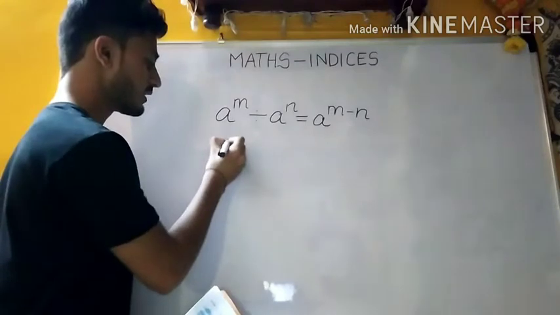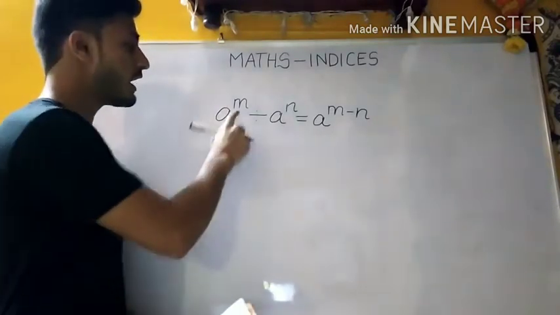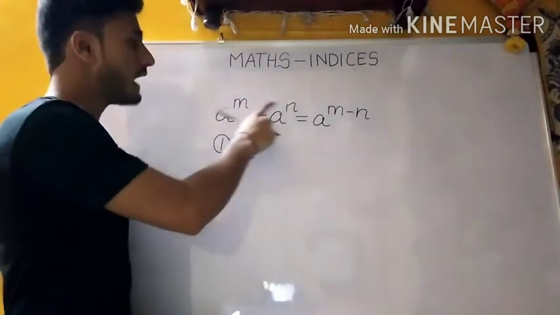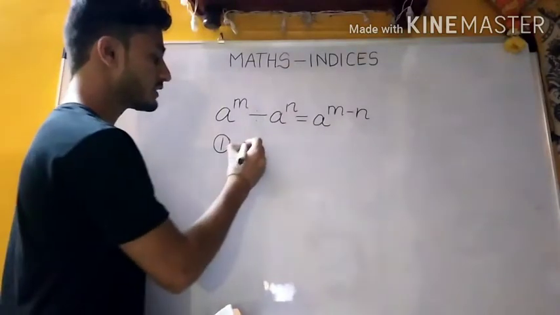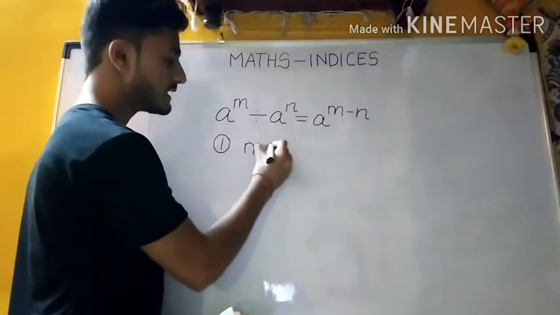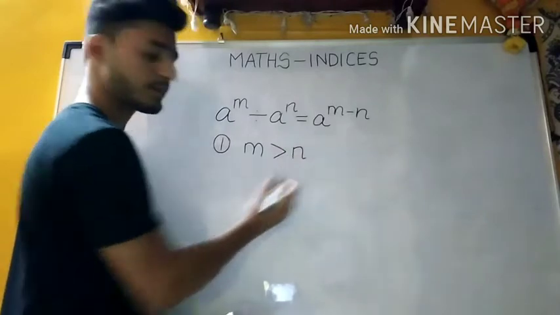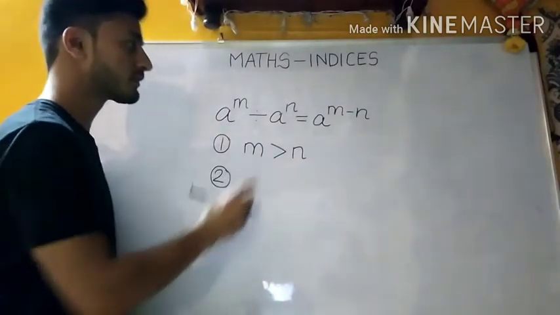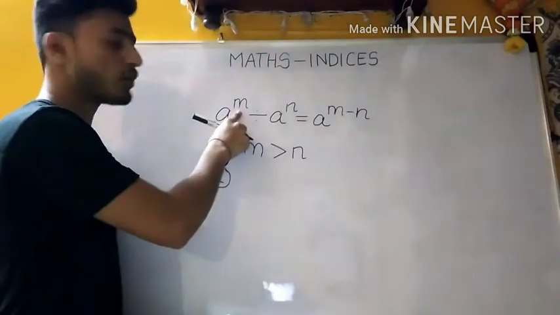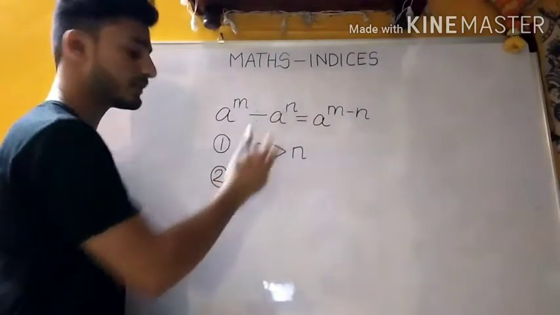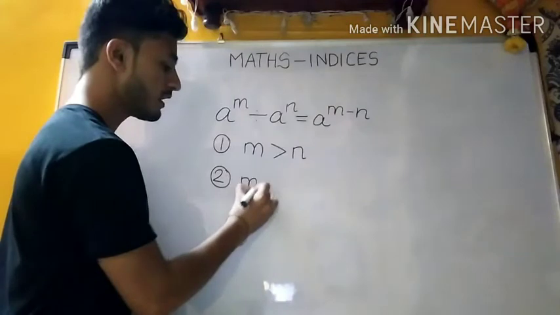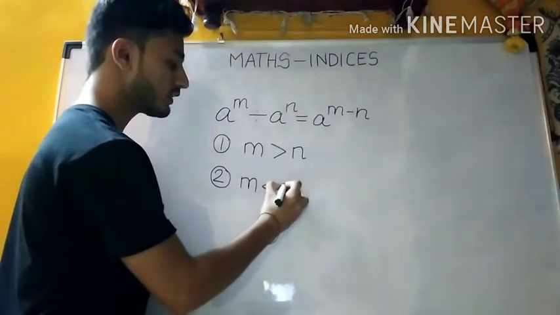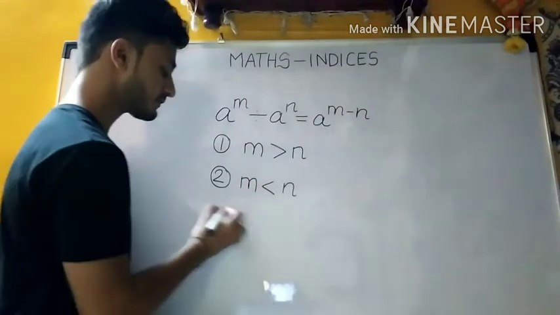In the first case, m will be a bigger number and n will be a smaller number, so m is greater than n. In the second case, m will be a smaller number and n will be a bigger number, so m is lesser than n.